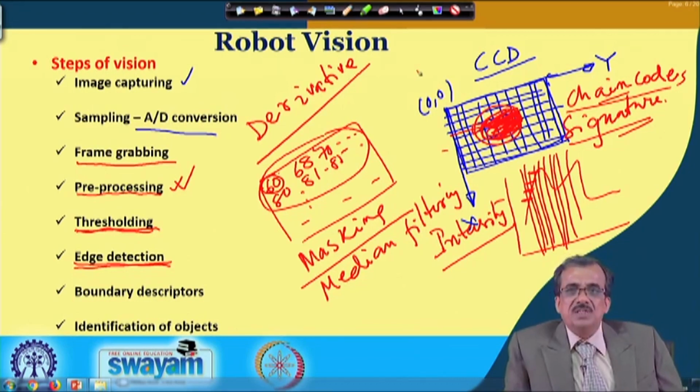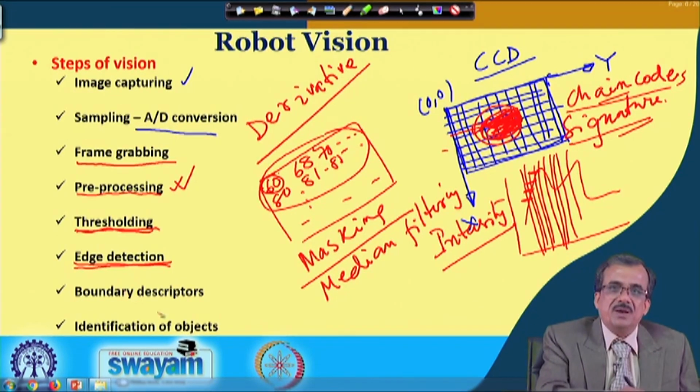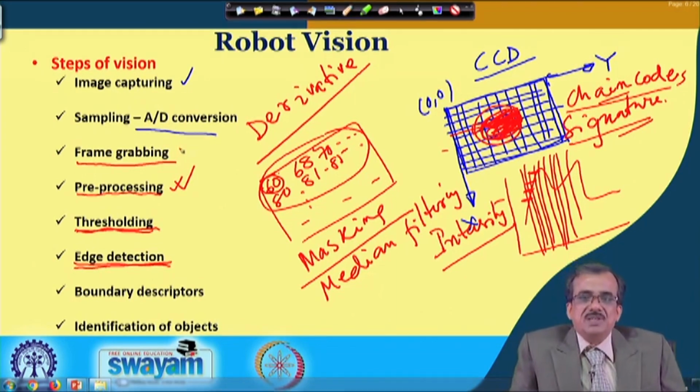So, if the robot wants to collect information about this environment, all such steps are to be followed within a fraction of a second, which is a bit difficult, because each of these steps will take some CPU time and it will be computationally expensive.